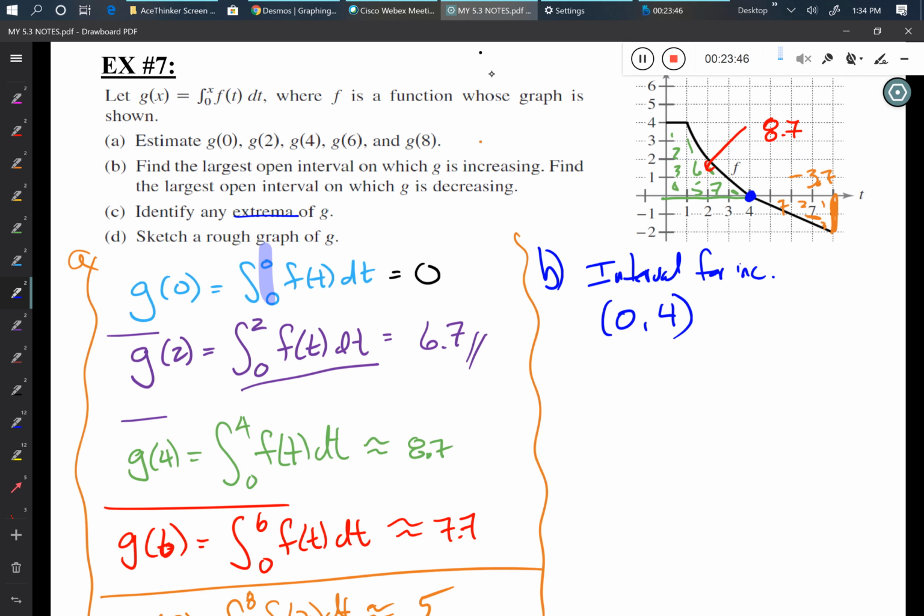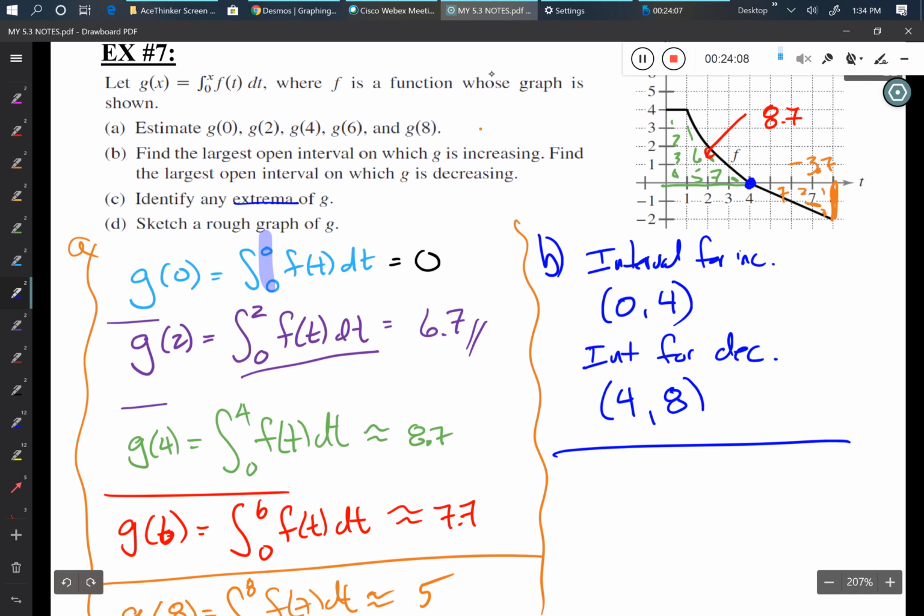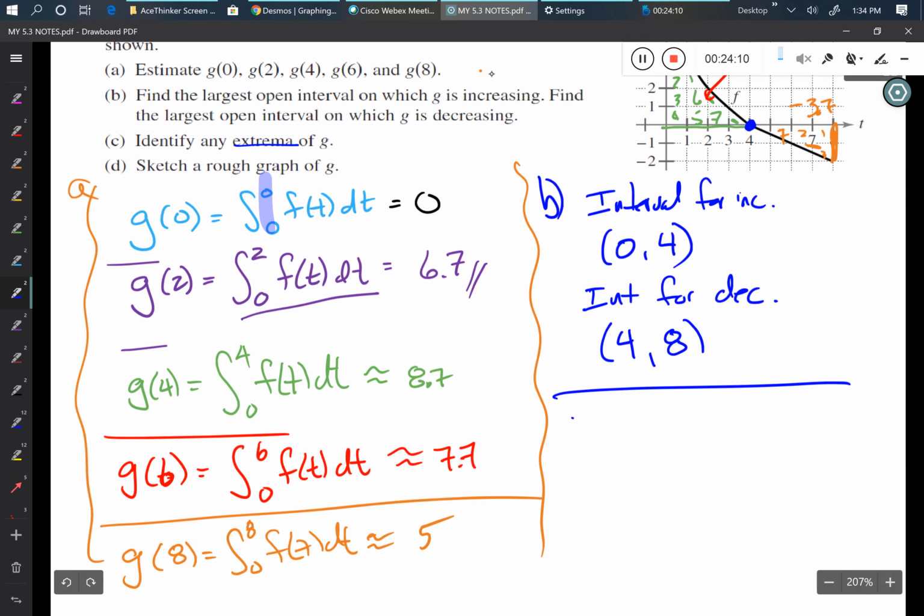Where is it decreasing? Well, it's decreasing when we start accumulating negative area. And negative area started at 4 and stopped at 8. Does g have any extrema? Is there a highest point? Well, take a look at part B. What did we just get done saying up here in part B?